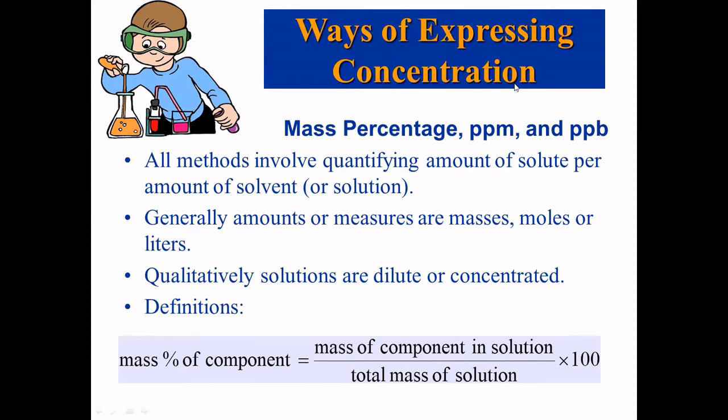Most of the time it is solute over solution, but there is one which is solute over solvent only. That is why you have a parenthesis here. So it could be amount of solute per amount of solvent or amount of solute over amount of solution.